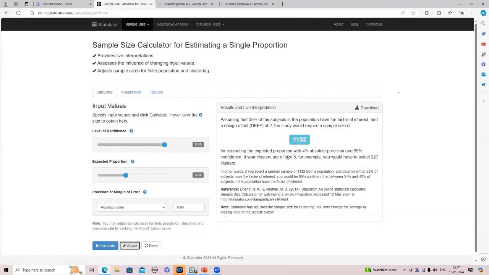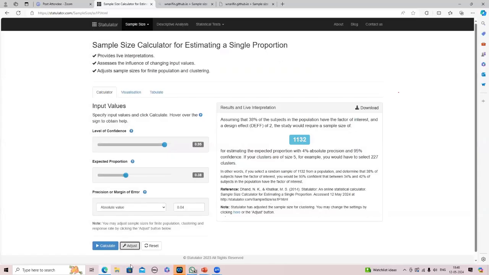So my sample size is increased from 566 to 1132. That means double my sample size. That is without design effect. By default, the design effect value is 1. Now, if your design effect is 2, 566 is multiplied by 2, that is 1132.